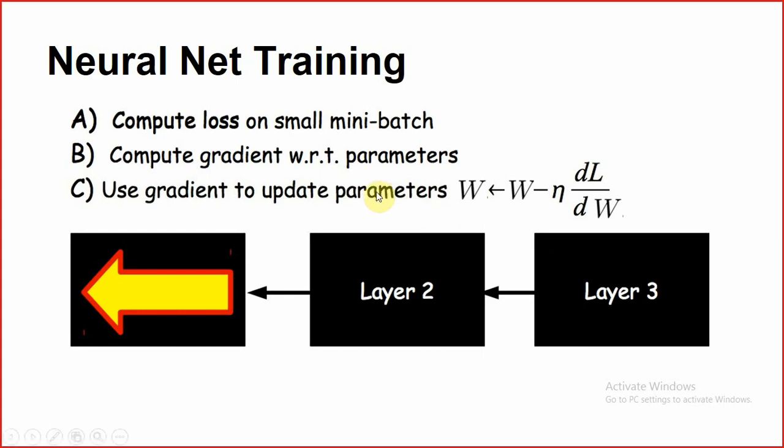So this is the formula for updating the weight. This is the loss function, and this is the learning rate, and the weight will be updated by this formula. So next time that we offer the same sample, the error will be reduced.